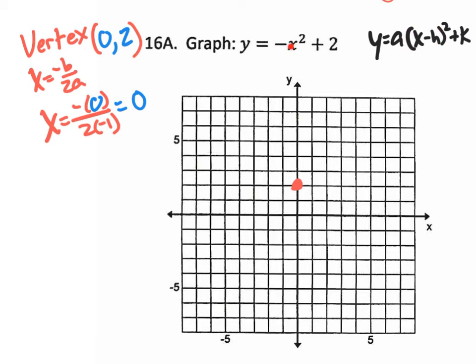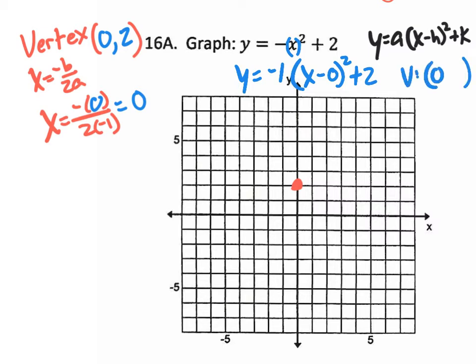If there is one single x only, if I had a 2x, I wouldn't be able to do this, but because there's only one single x right here and it's squared, we could force some parentheses there and make it look like this: y equals -1 parenthesis x minus 0 squared plus 2. Now it's in vertex form, and you get that vertex h, k of 0, 2, which is the same exact vertex that we found the other way.